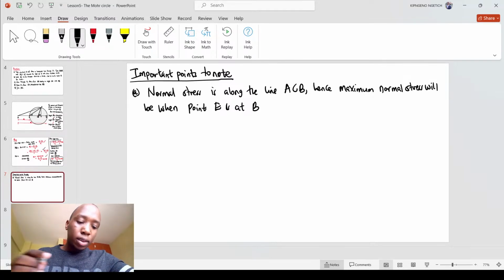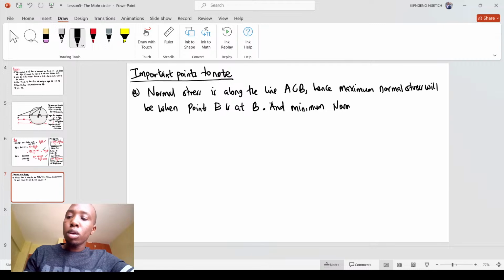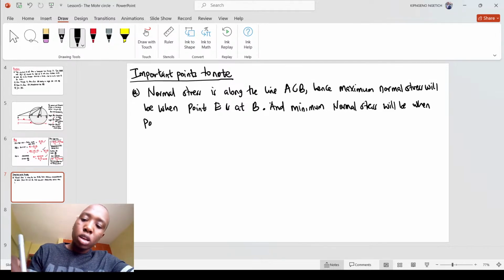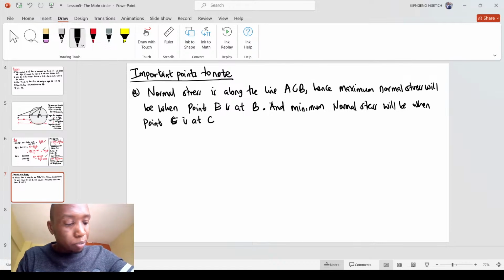You can also say that the minimum normal stress will be when point E is at C. That is when it will be minimum.